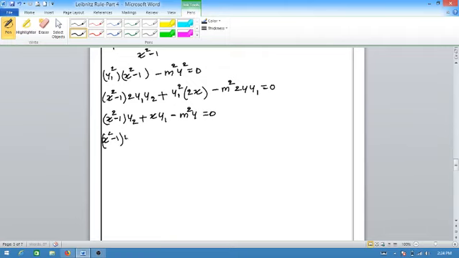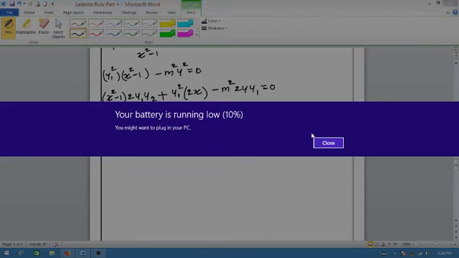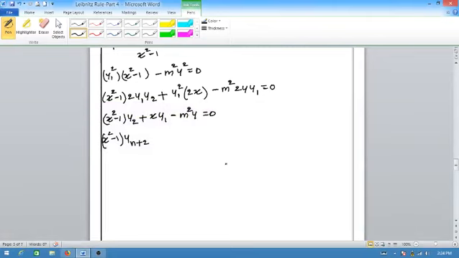Nth derivative of y2 is yn plus 2, right, plus nc1 is n, x square minus 1 differentiation is 2x, n minus 1th derivative of y2 is yn plus 1, plus nc2, that is n into n minus 1 divided by 2 factorial is 2, differentiation of 2x is 2, n minus 2th derivative of y2 is yn.